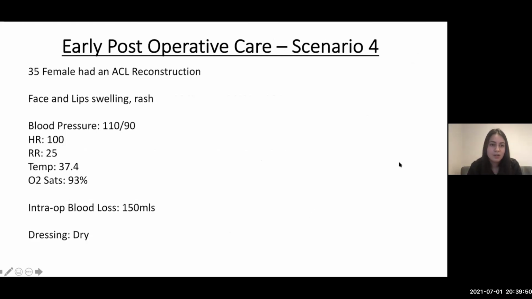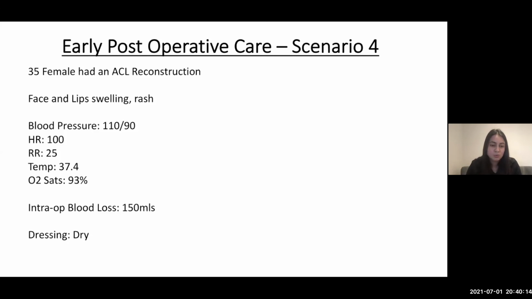The next scenario, so a 35-year-old lady has an ACL reconstruction. So this is a knee ligament reconstruction. You see her on the ward. She just came back from recovery, and her face is swollen, her lips are swollen, and she's got a rash all over her body. Her blood pressure is a bit low at 110/90. Heart rate is a bit raised at 100. Respiratory rate is raised at 25.